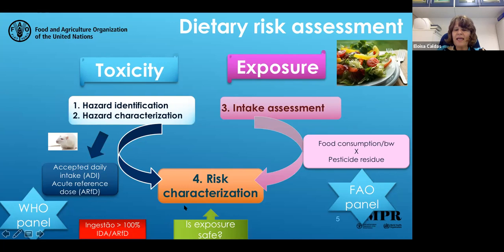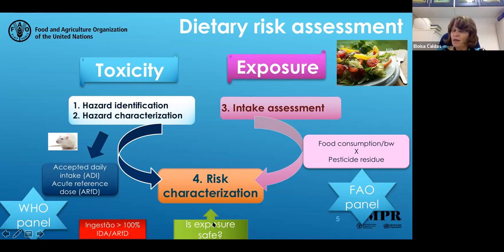And we say that risk may exist if the intake estimated by the food consumption data that we have available and the pesticide residues, that means STMR and HR, is higher than the ADI and/or the acute reference dose.